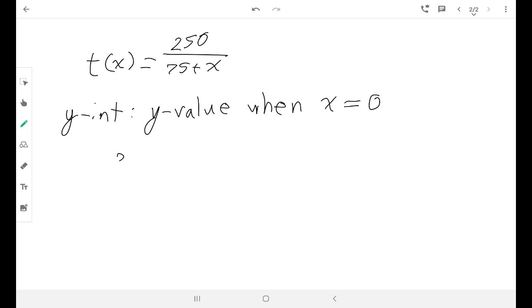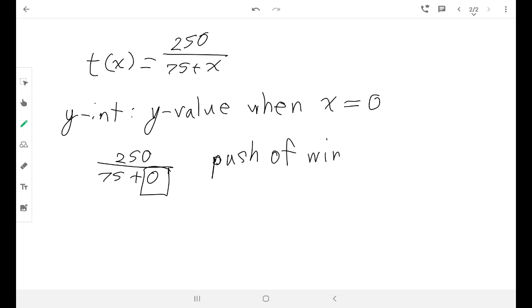So if I do 250 over 75 plus 0, that 0 right there means that the push from the wind is 0.